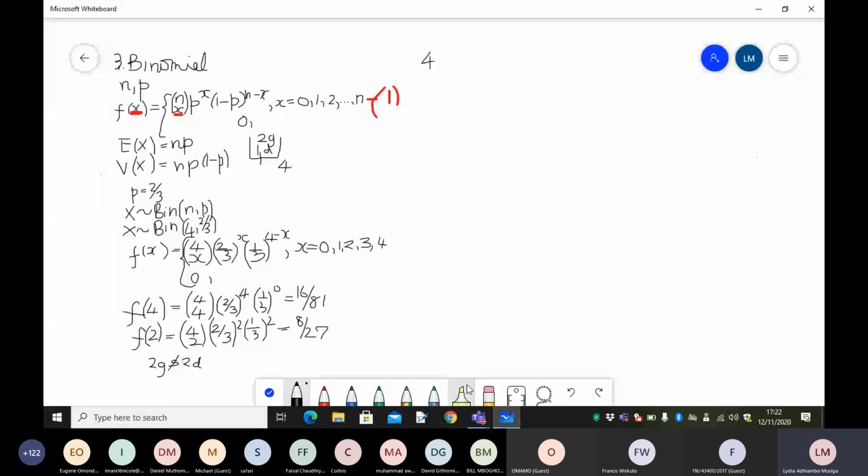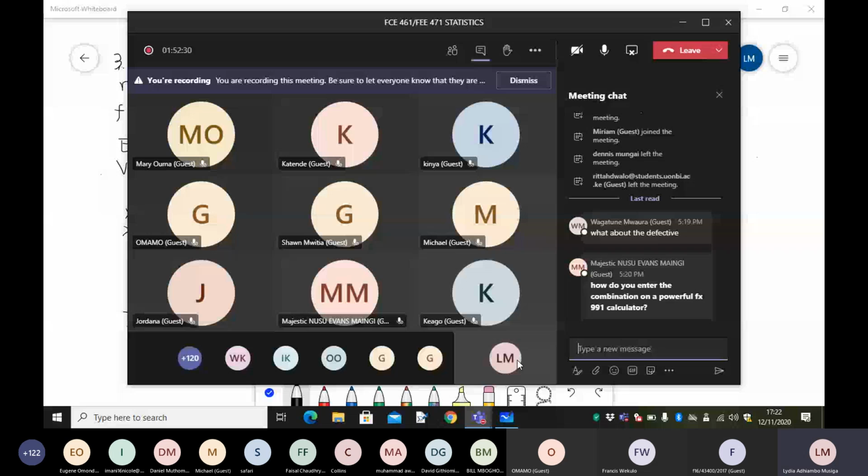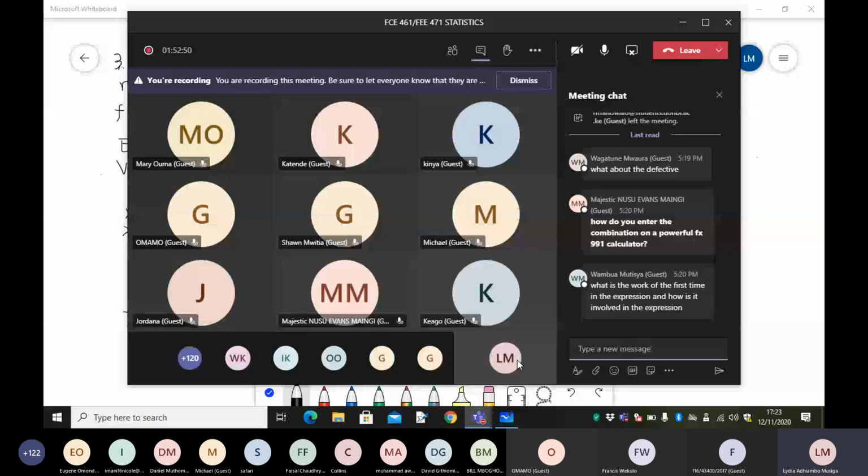Oh, there's a question: what is this powerful fx-99 calculator? I think my calculator is a simple one. What is the work of the first time in the expression?